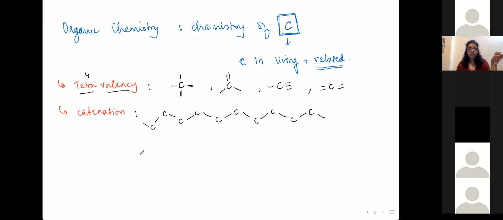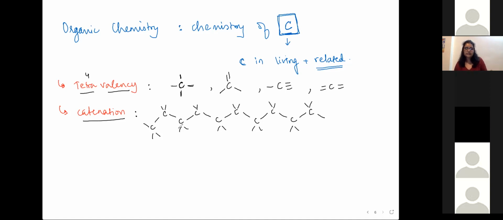Plastics are polymers of carbon compounds, really long chains of carbon. These chains may be single, or branched, or linked to each other. Living organisms are made up of long chains of carbon compounds. So catenation is another important property that makes carbon pretty versatile. The remaining bonds you can have with hydrogen or chlorine or whatever it may be. This is another specialty of carbon.